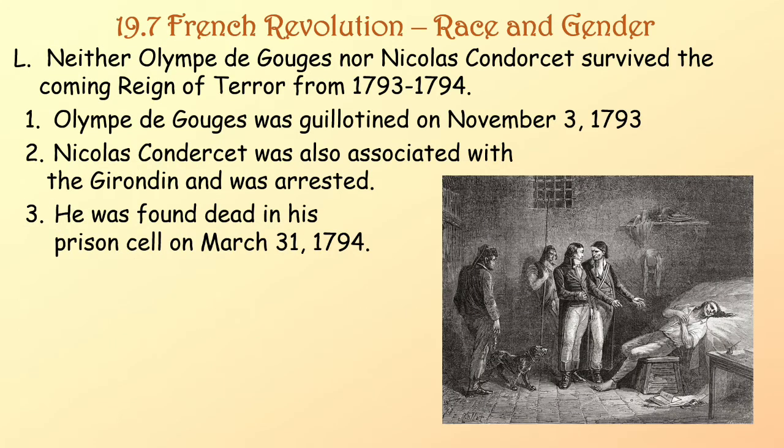Neither Olympe de Gouges nor Nicolas Condorcet survived the coming reign of terror that lasted from 1793 to 1794. Olympe de Gouges was guillotined on November the 3rd, 1793, and Nicolas Condorcet was also associated with the Girondins and was arrested, and he was found dead in his prison cell on March 31st, 1794.